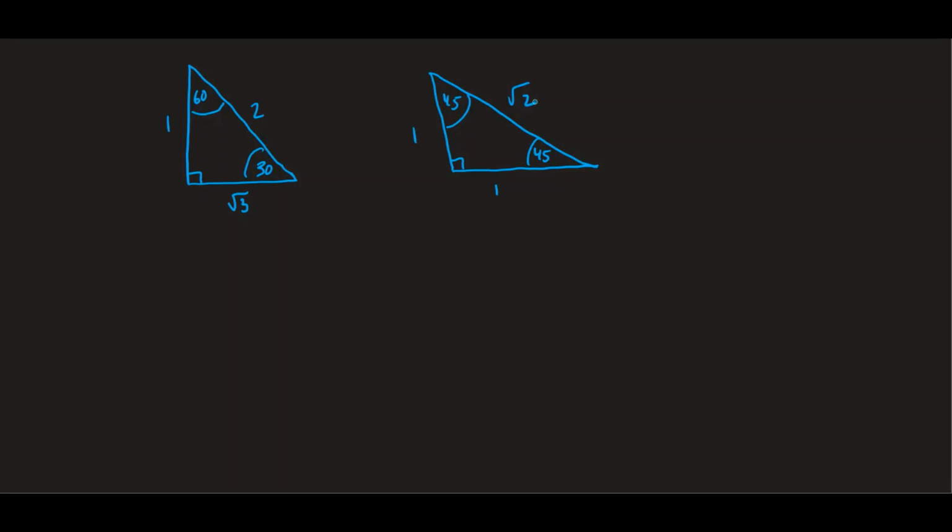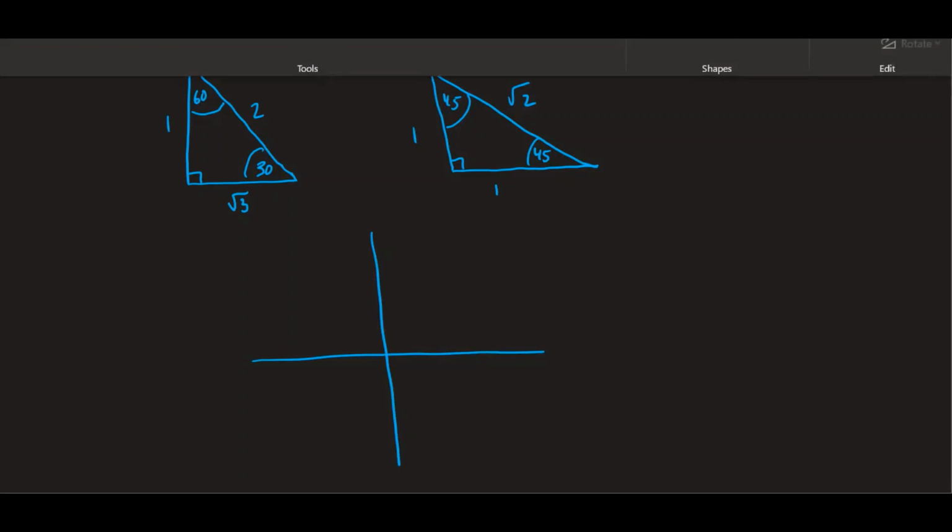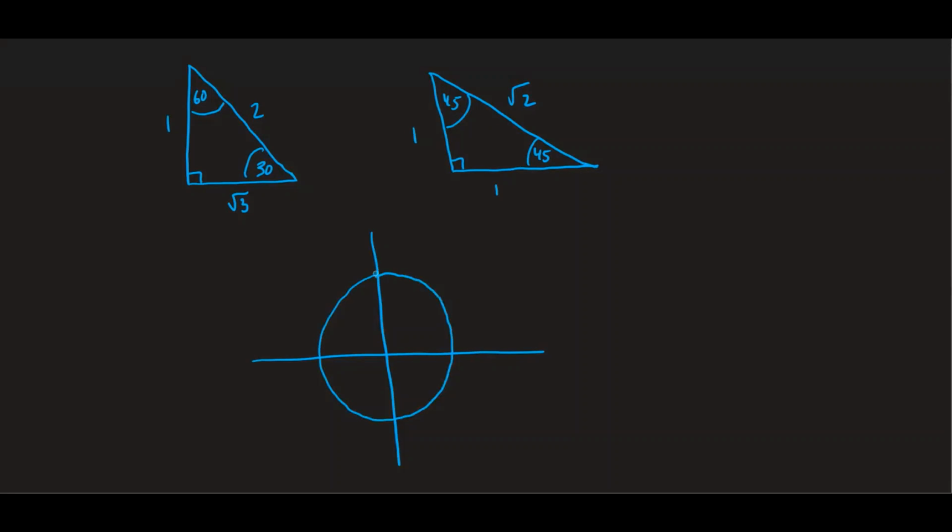Also the unit circle. If you recall the unit circle, I'm going to see if I can draw a perfect circle. So here's the unit circle, and we want to remember the quadrantal angles, such as 0 degrees. For 0 degrees, the coordinates are 1, 0, because the radius is 1.